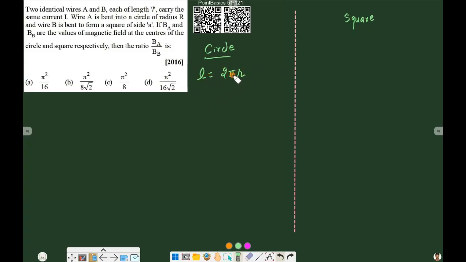So from here, radius of circle comes out to L by 2 pi, and now we know magnetic field at the center of a loop or a ring, that is mu node I by twice of R. So mu node I by twice of L by pi means L, and we will have pi here. So this is the magnetic field due to circle, and that is denoted by A. So we will write here BA.